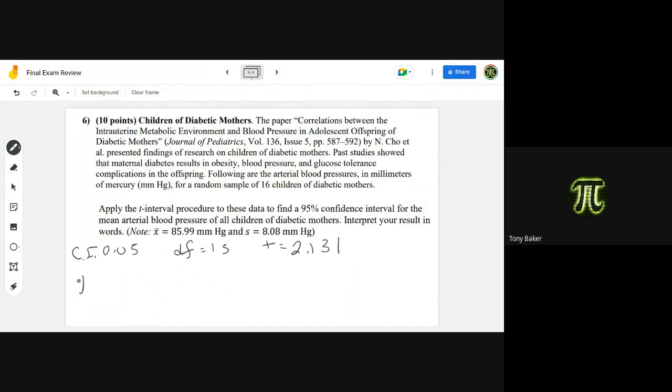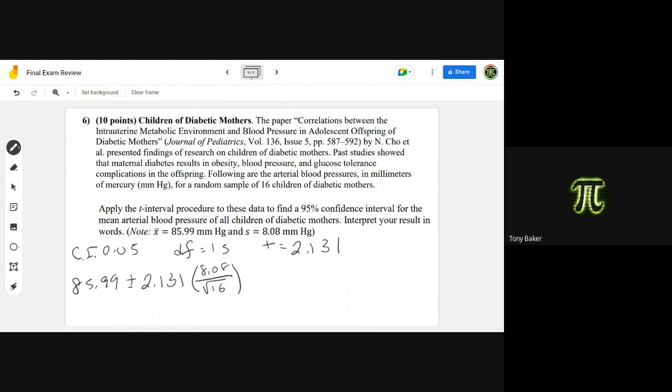So then we're going to do the 85.99 plus or minus 2.131 times 8.08 divided by the square root of 16. Remember, it's the full sample, not the degrees of freedom. Notice it's basically the same formula that you did for the last one.